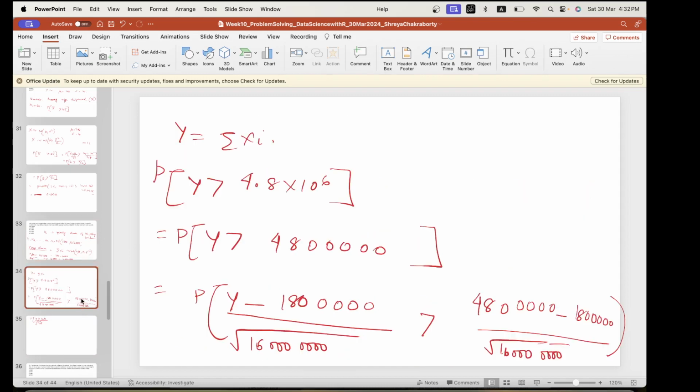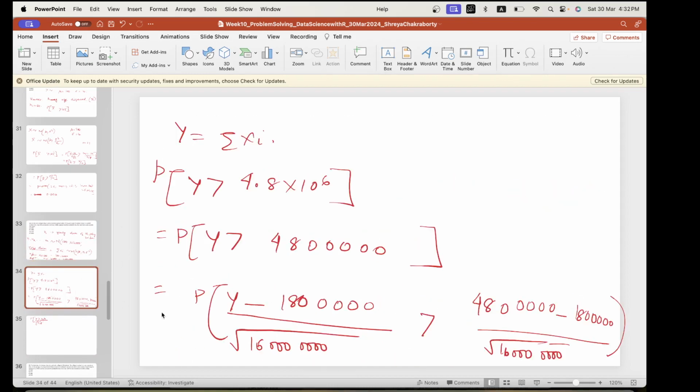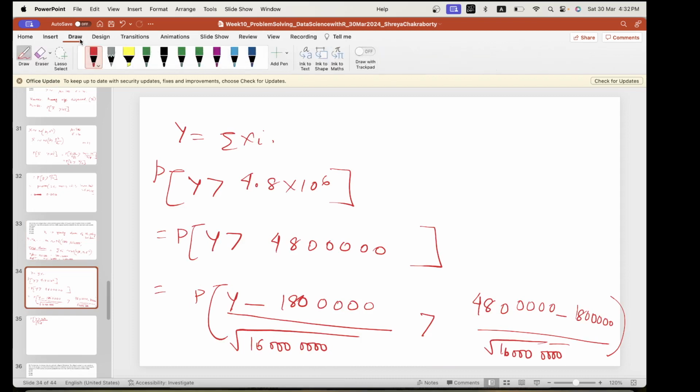This one is actually n sigma square, so we have to divide by root n into sigma. Now sigma is given as 16,000, and n is 10,000.